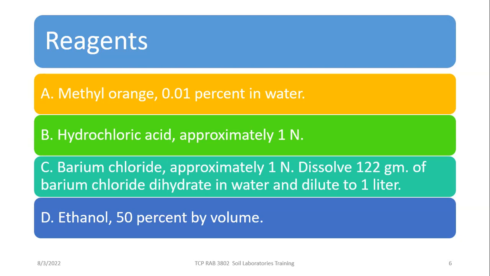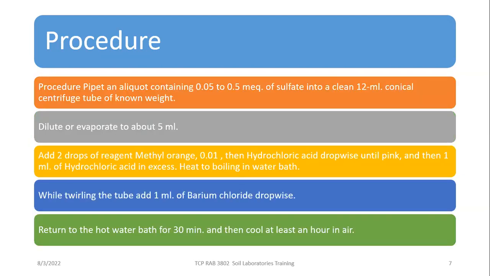With the gravimetric method, you will filter until you get the precipitate on your filter paper.